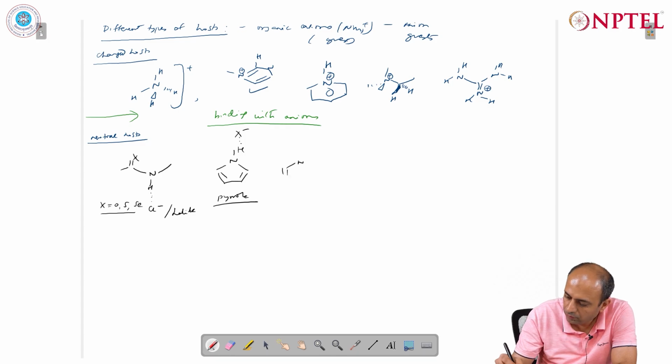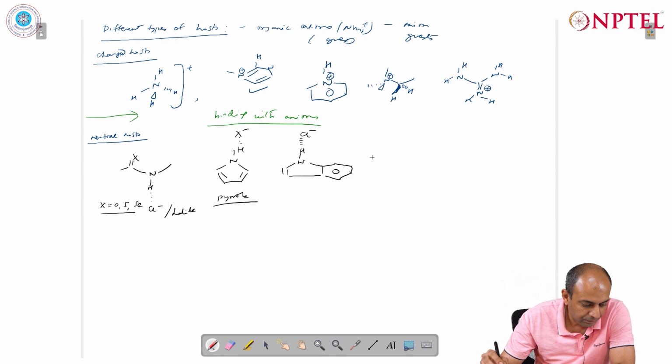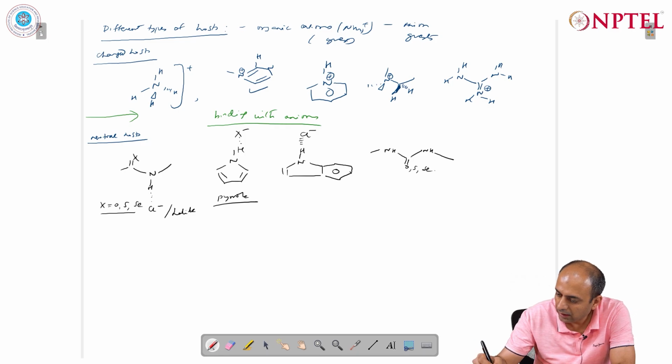We can have indoles, which can again bind with a chloride, and we can have urea based systems where you can have oxygen, sulfur, or selenium, and then the hydrogens which can form NH...Cl minus hydrogen bonds. So this functions as a bifurcated acceptor.